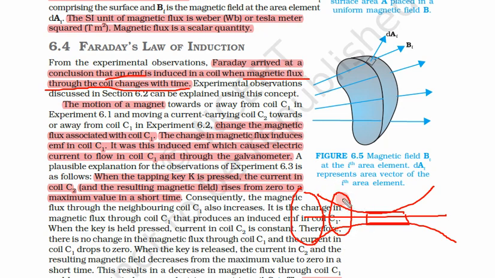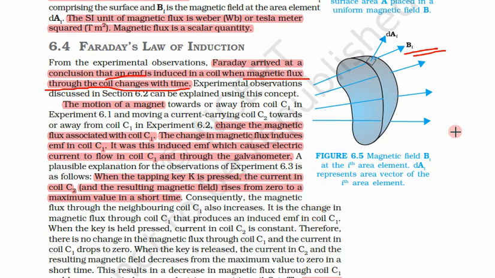So the area of the coil remains the same, but now there are more lines. So that means the magnetic flux is changed. So total magnetic flux is changing with motion of the magnet, or motion of the second coil, or by tapping the key. So tapping the key, motion of the magnet or motion of the coil is changing the magnetic flux through the coil with time.